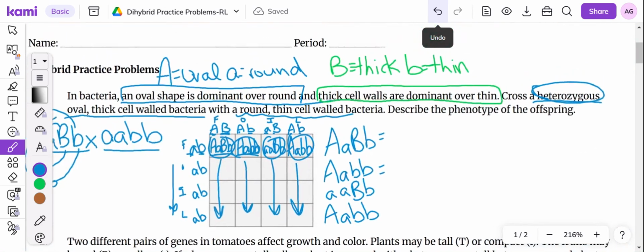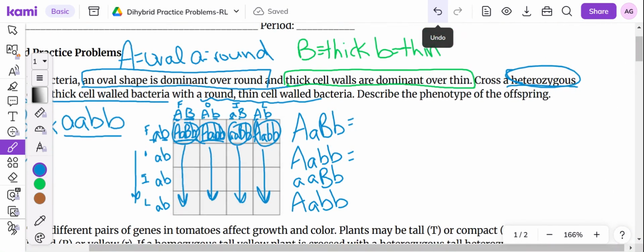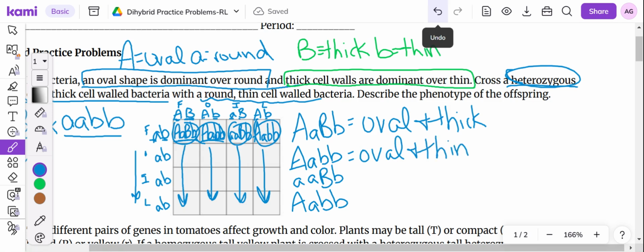If we go back up to the top and look at our key, it makes our life a little bit easier. So we know that this particular bacteria would be oval shape and thick. This one would also be oval but thin. This one would be round and thick.